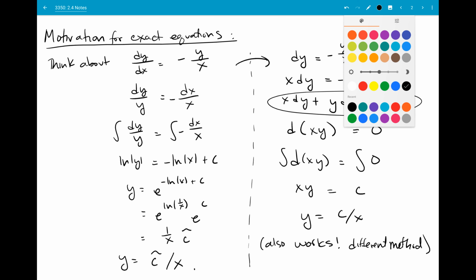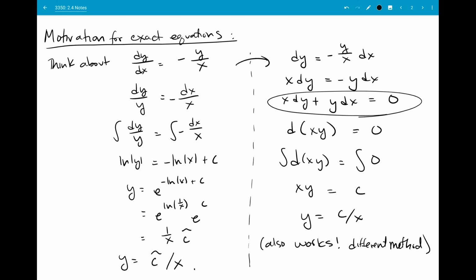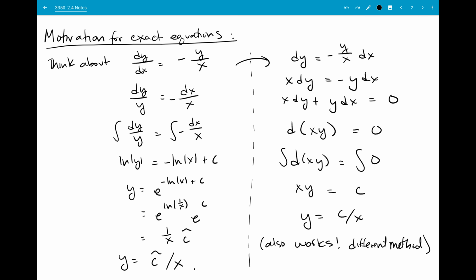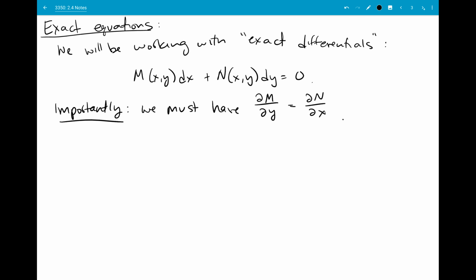Let's put it in the same context. So x dy plus y dx equal to 0.